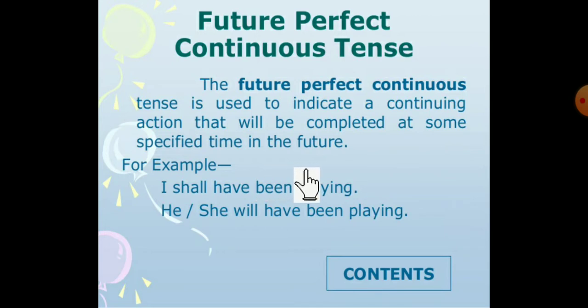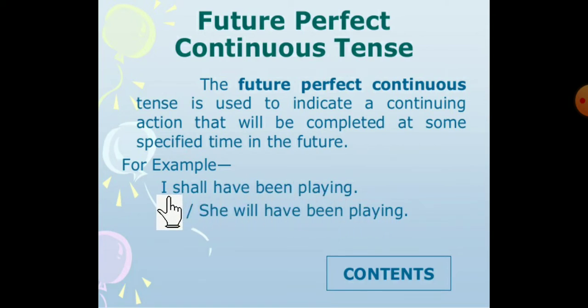Subject plus will or shall have been plus verb ing form. Got it? For example, I shall have been playing. He or she will have been playing.